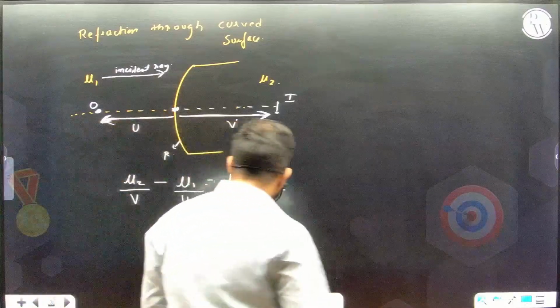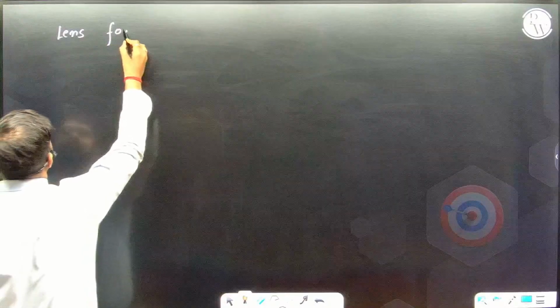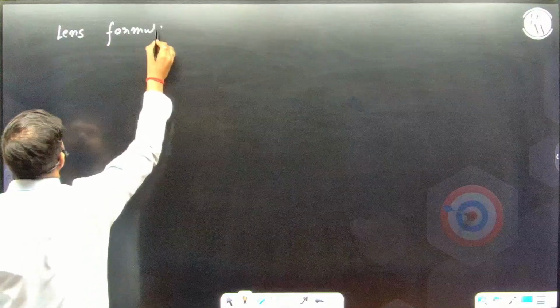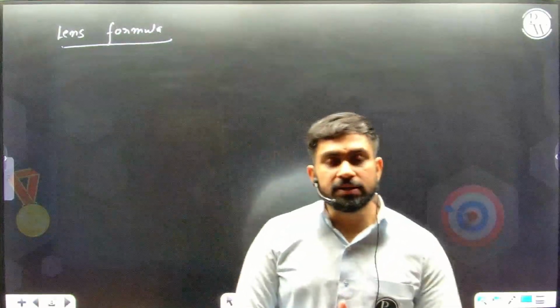Next one is the formula of lenses, the lens formula. So lens formula is straightforward. Whatever knowledge you have about the spherical mirrors, whatever formulas you remember from the spherical mirrors, just replace a little thing in all of those formulas.